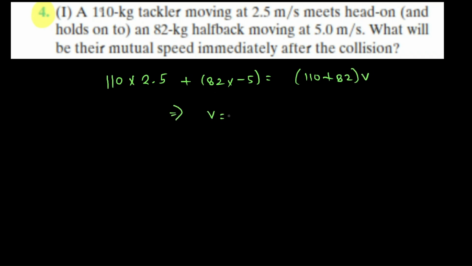Pi is 110 times 2.5 plus 5 times 82, that is 685. PF is 192 V. So 192 V is equal to 685.